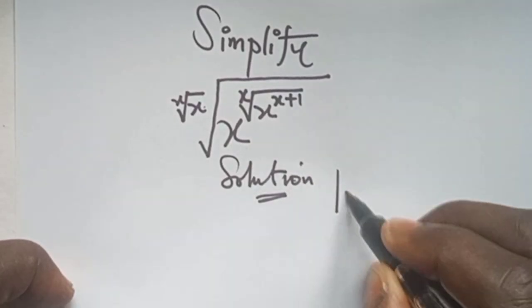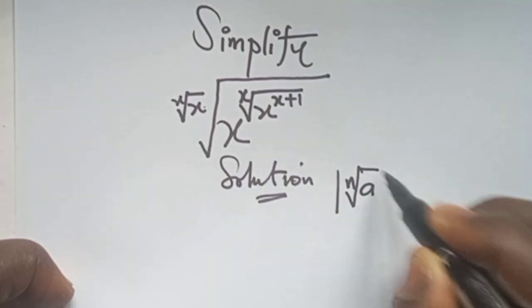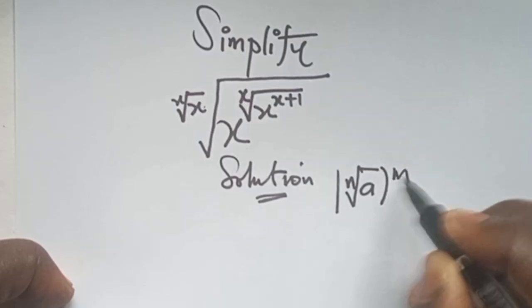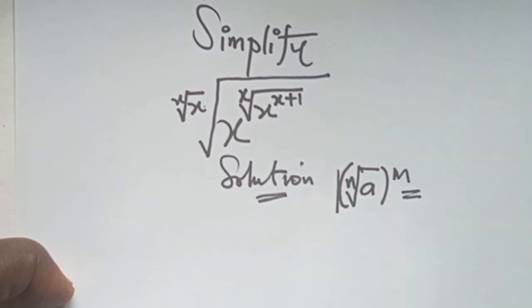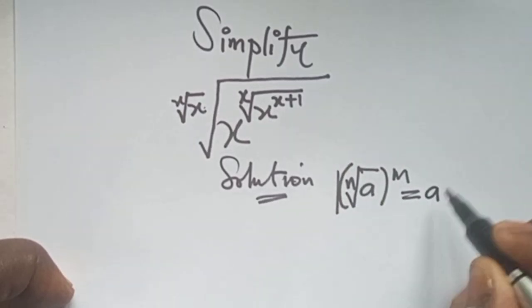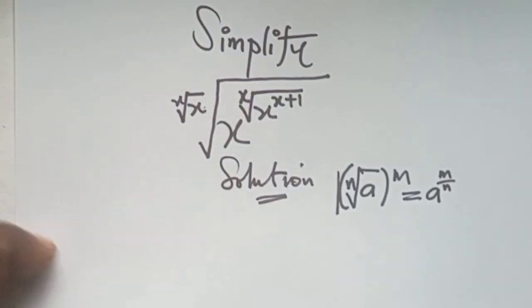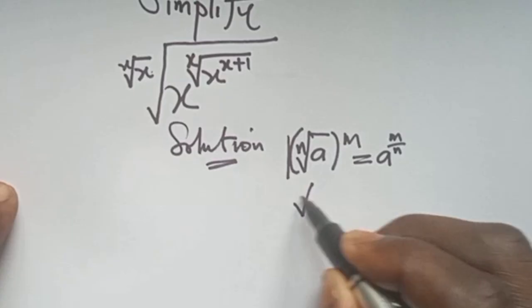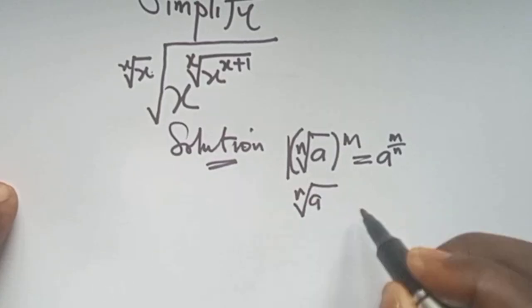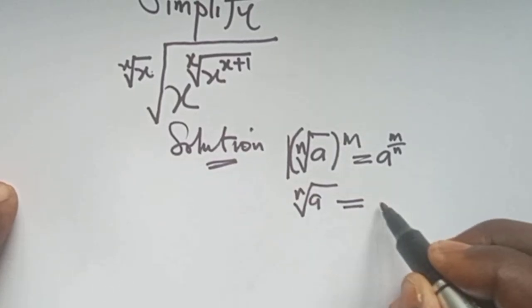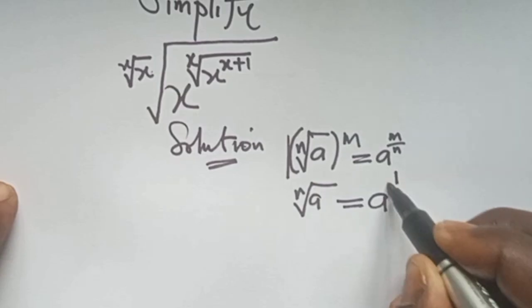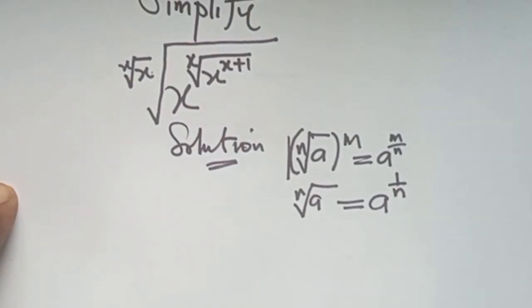Recall that nth root of a to the power of m is represented as a to the power of m over n. Again, nth root of a is represented also as a to the power of 1 over n.